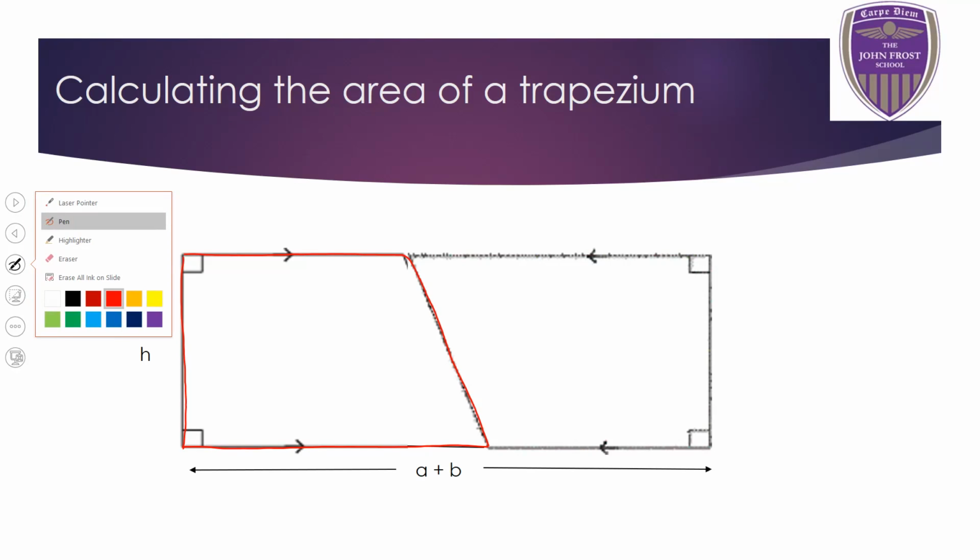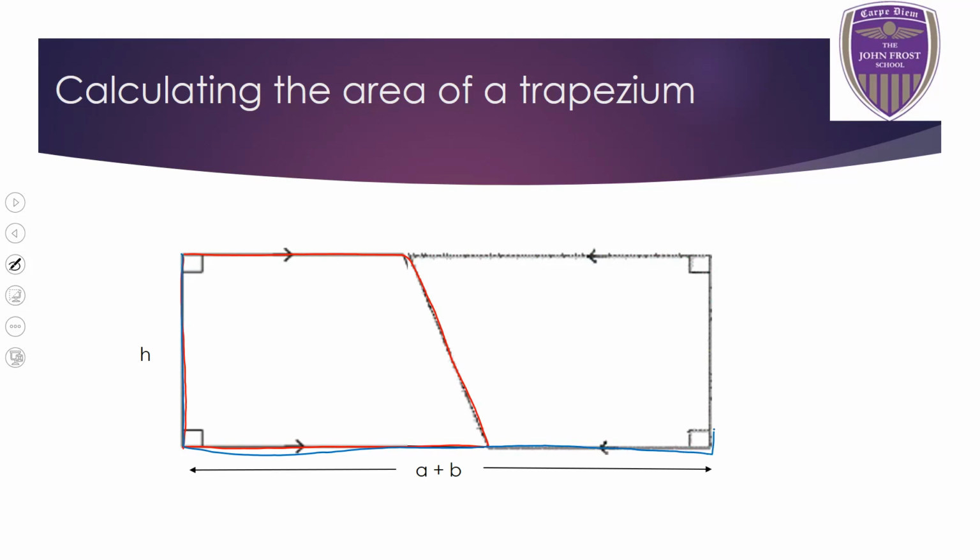If I change the color of the pen, you should see that this big shape of the two trapeziums added together gives you one big rectangle. And we should already know that to find the area of a rectangle, we just do the length times the width.